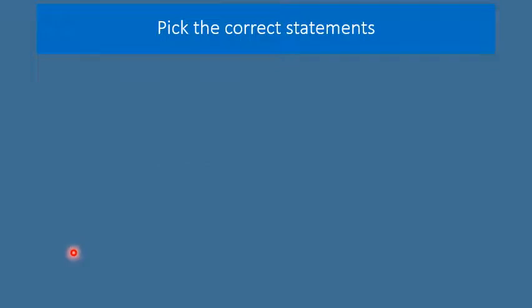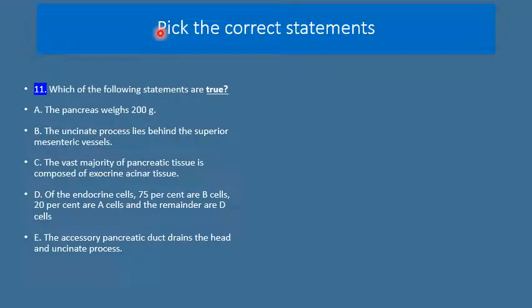Okay, for the following two questions, pick all the correct answers. Question number 11. Which of the following statements are true? A. The pancreas weighs 200 grams. B. The uncinate process lies behind the superior mesenteric vessels. C. Vast majority of pancreatic tissue is composed of exocrine acinar tissue.